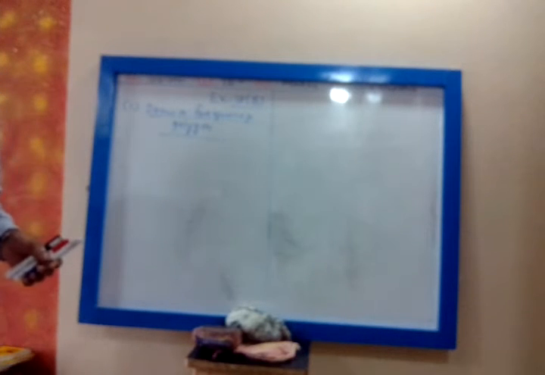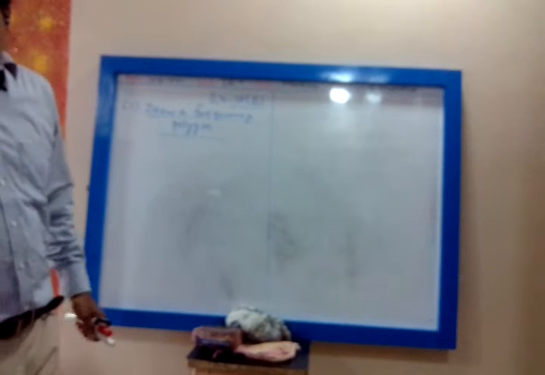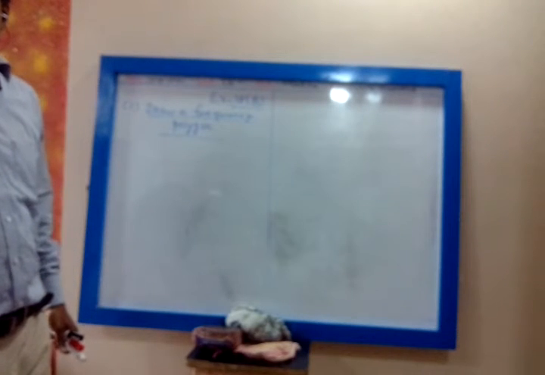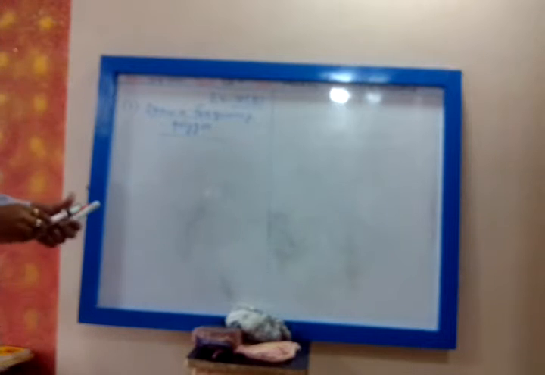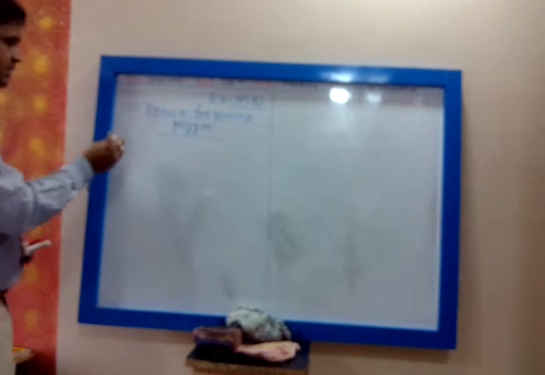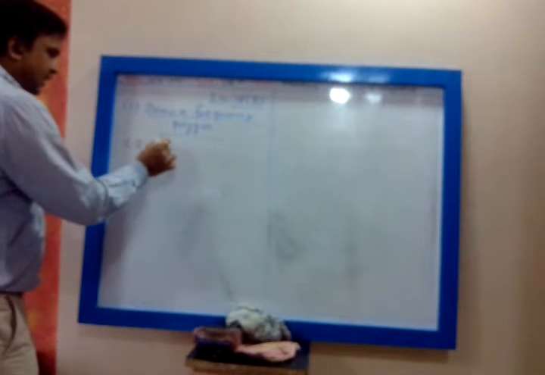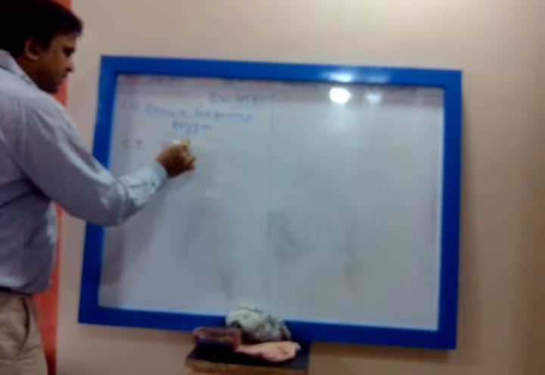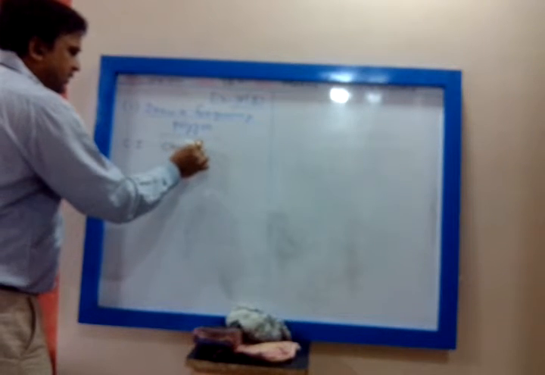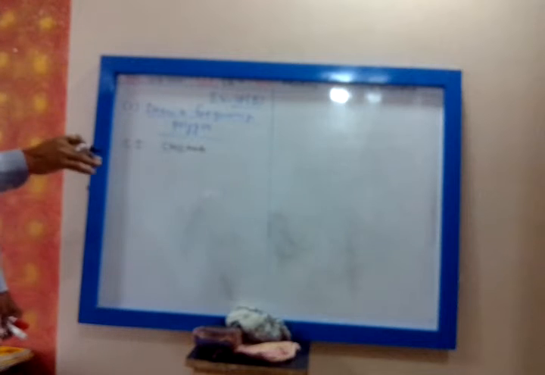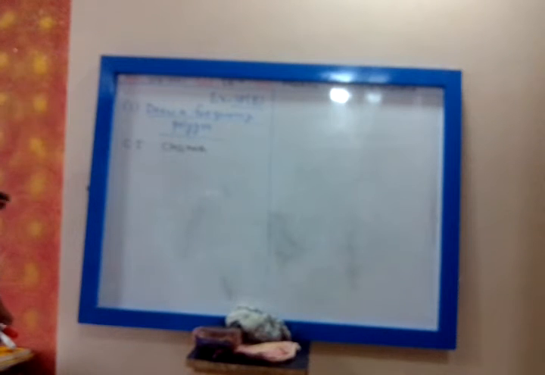So I am not writing the question. Let me solve this problem. Draw a frequency polygon for the following distribution. Let us write the class interval Ci, then we write class mark. This you should write in the notebook; only the graph we have to plot on the graph paper.